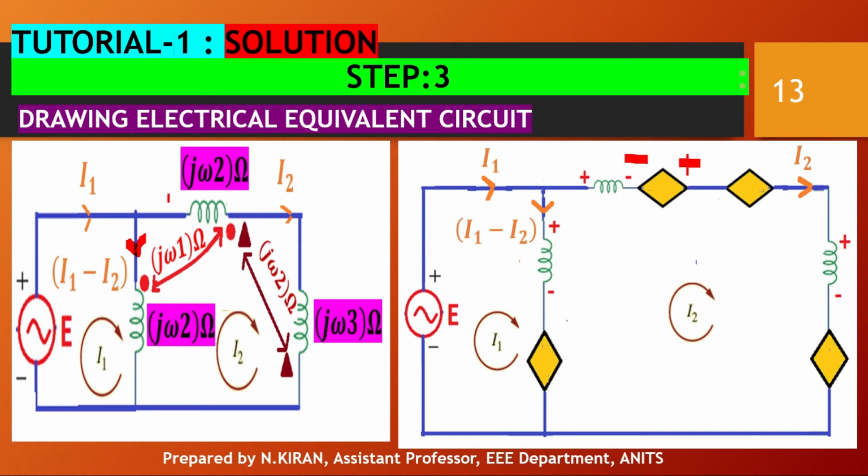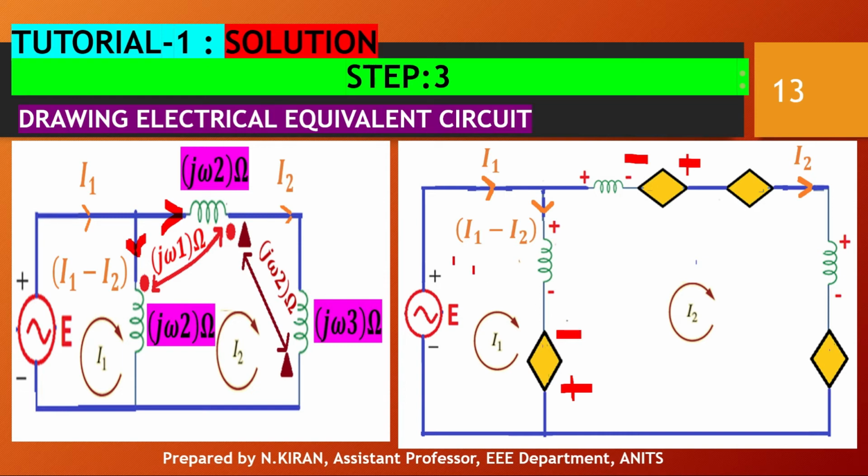Now let me take the second coil. The second coil is magnetically coupled with both the first coil and the third coil. First let me consider the first two coils. Since in the second coil the current is entering at the undotted end, wherever the undotted terminal is located in the first coil, there I'll get positive polarity and the dotted end will get negative polarity.